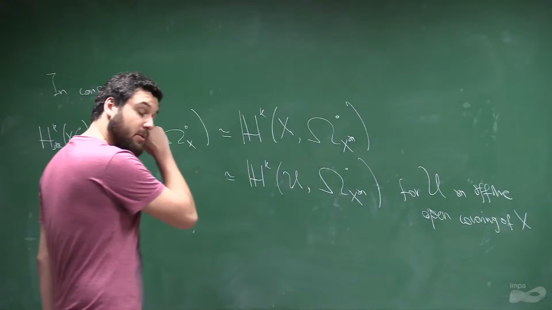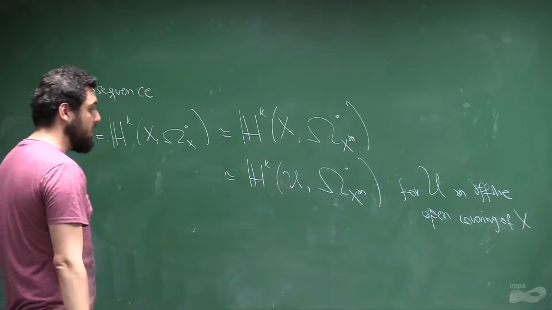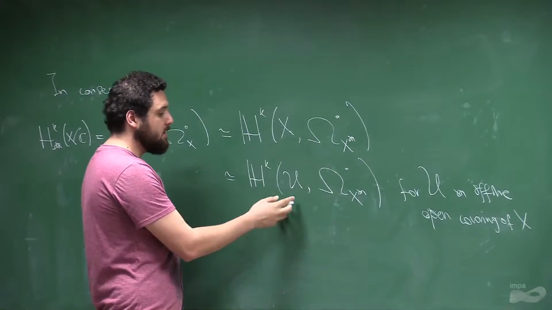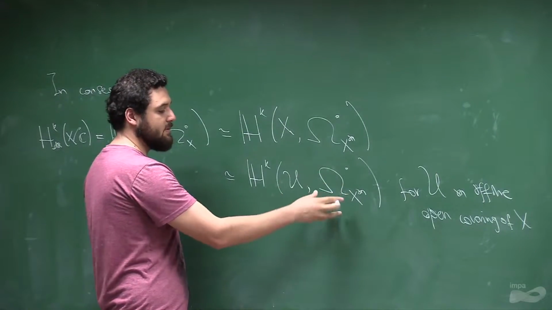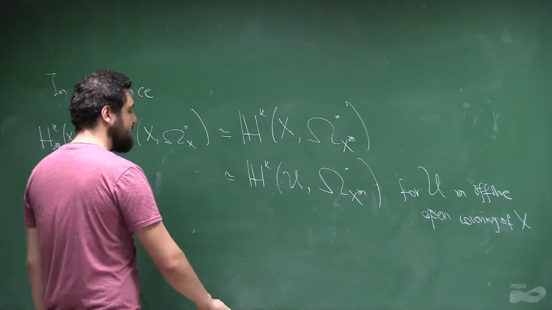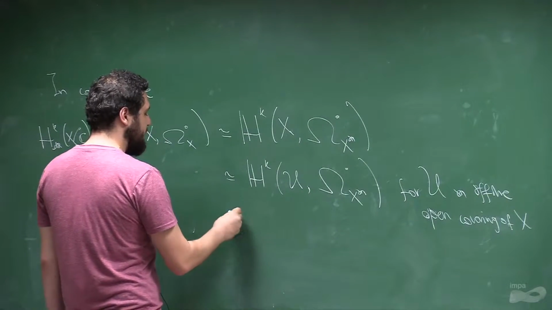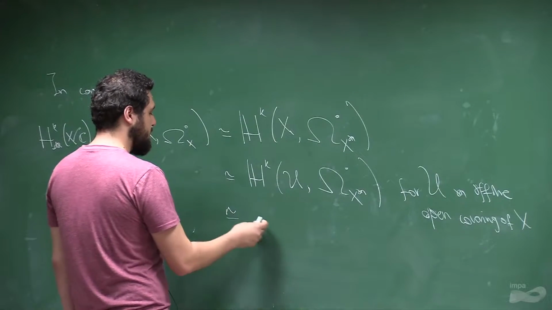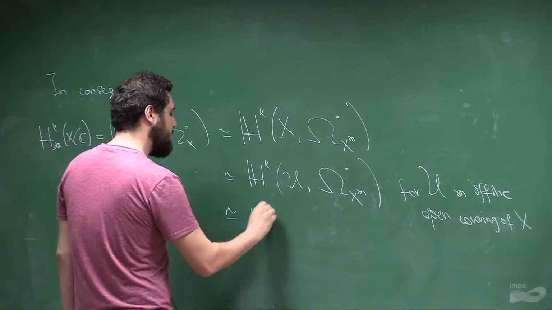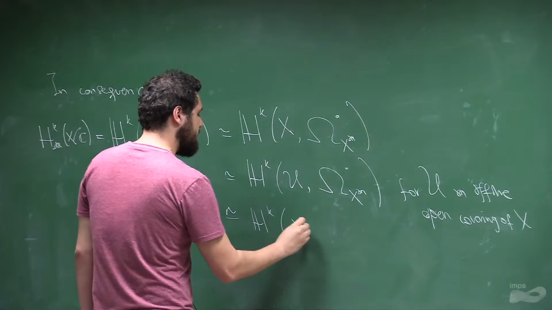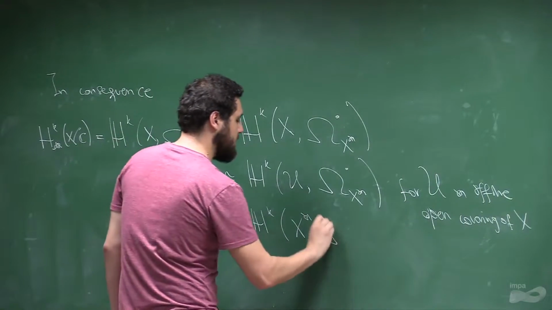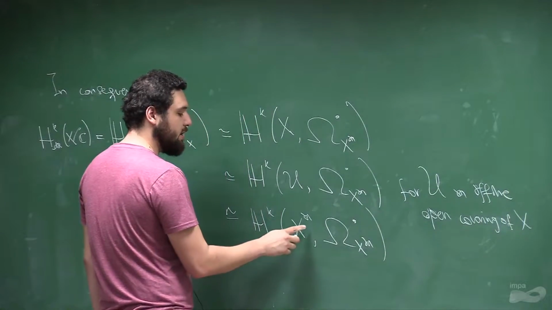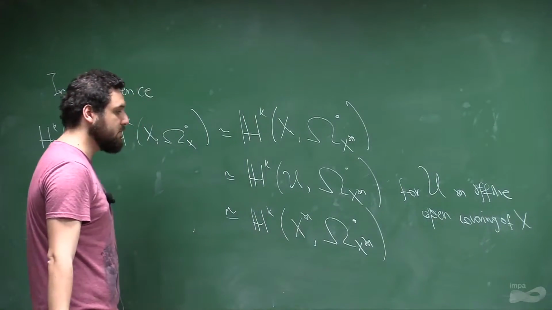Because we know that the affine algebraic varieties are Stein, so this will be a good covering with respect to this complex. And again, this will be isomorphic to the hypercohomology group, but with respect to the analytic topology also.